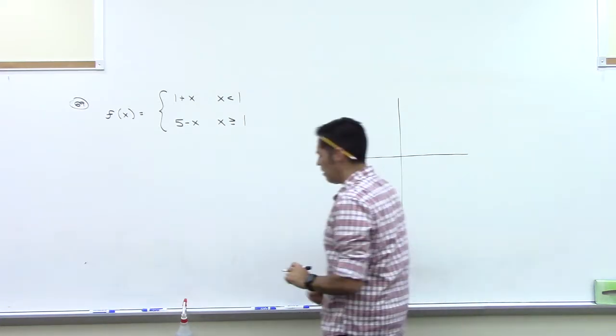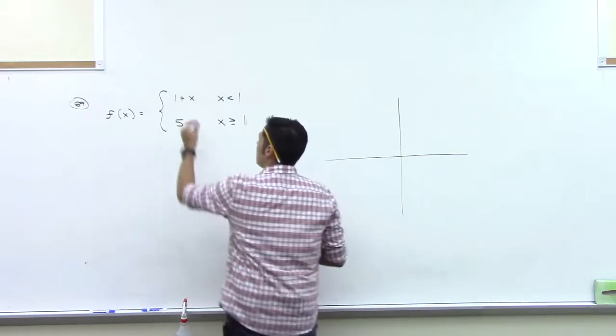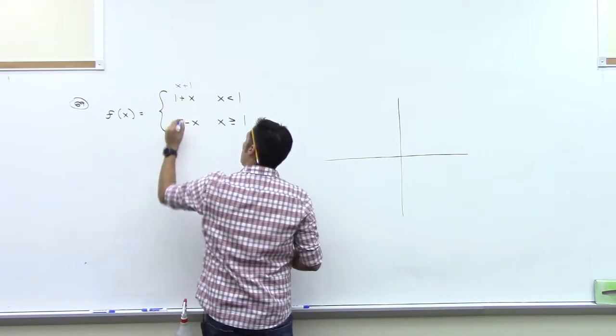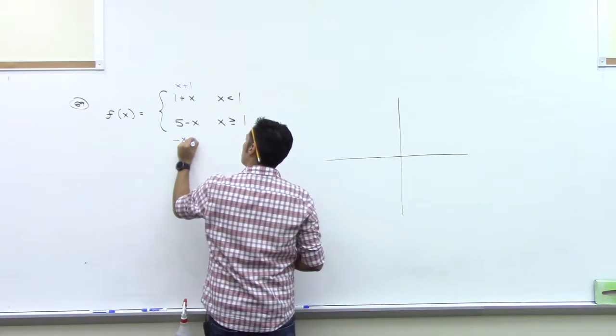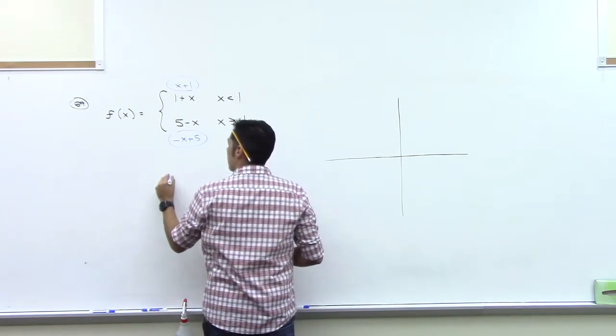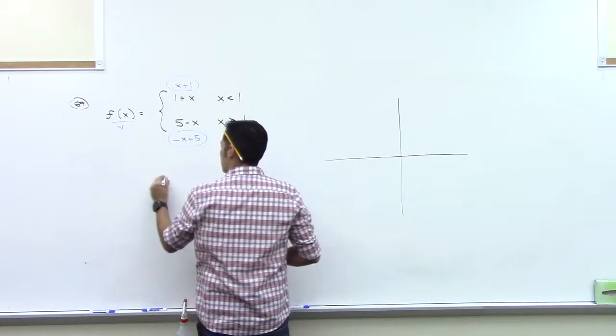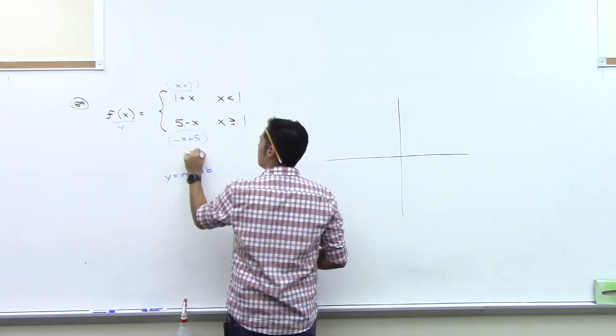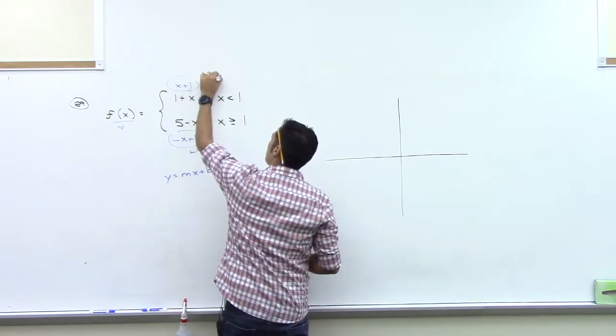Okay, so what I'm going to do here is just kind of rearrange this. Keep in mind that this one right here is really x plus 1, and this one is really negative x plus 5. And both of these look like y equals mx plus b. In other words, these are lines. That's a line, that's a line.